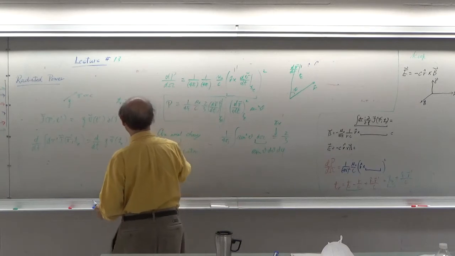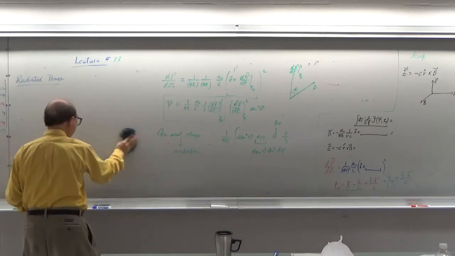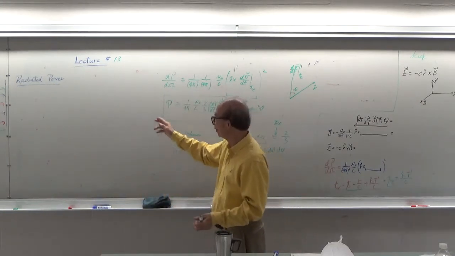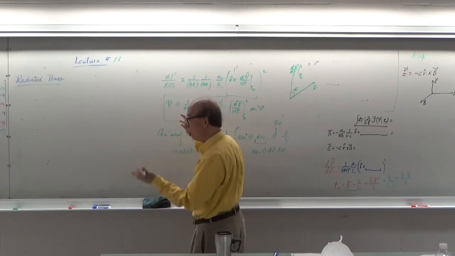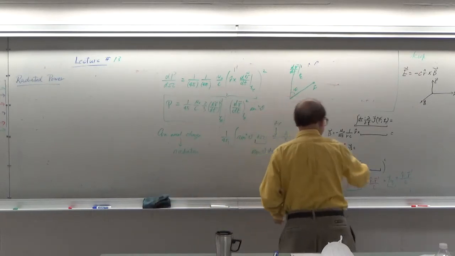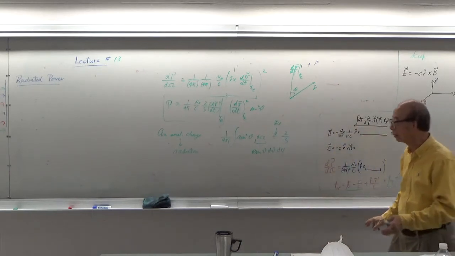So now let's take my slow discussion to a bunch of charged particles, all of them moving slowly, so that for the whole system I can replace the retarded time by the time of emission, t_e.